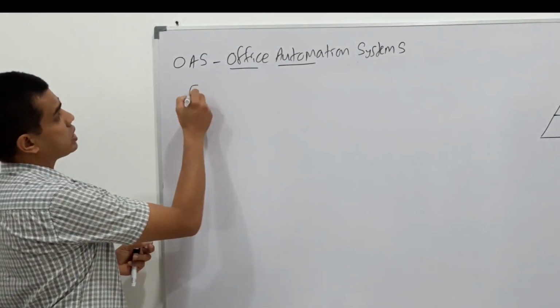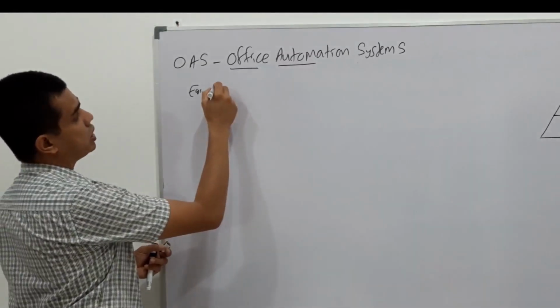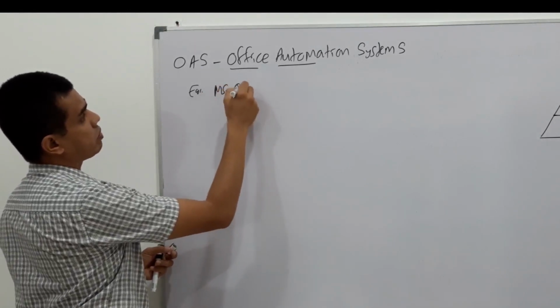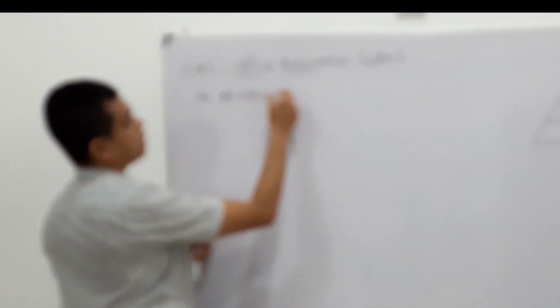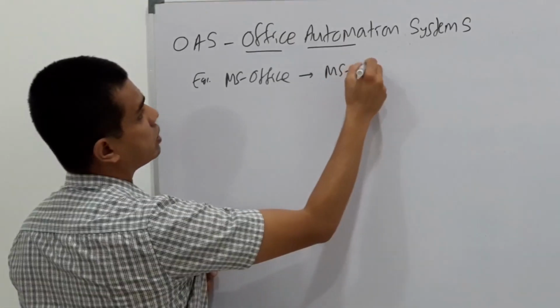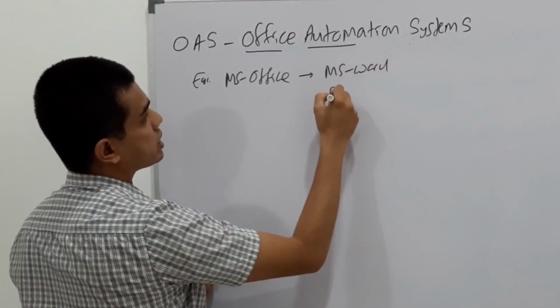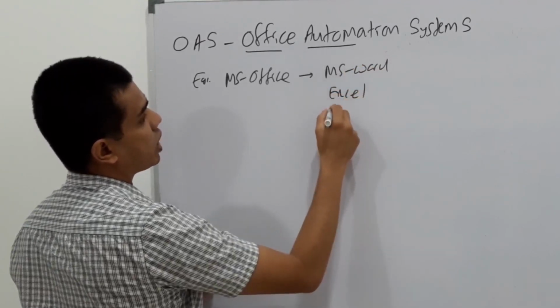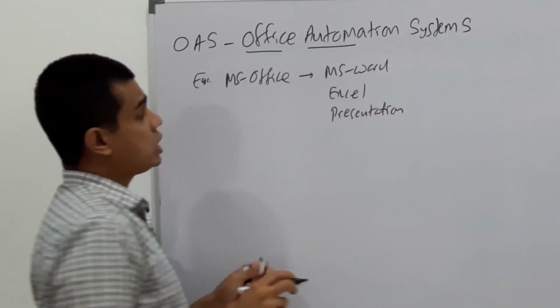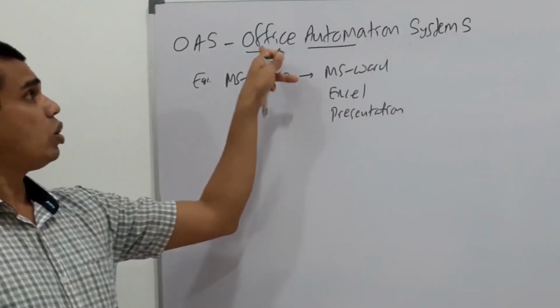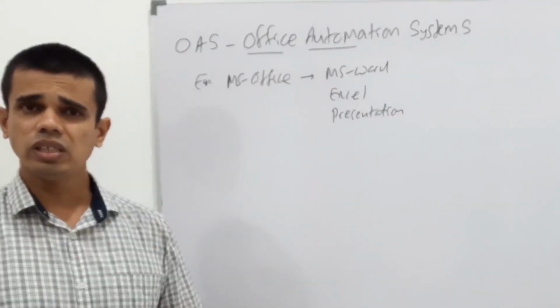Mainly we go for examples such as the MS Office package. We know about it well. Microsoft Office, that's an example. In that we have MS Word, even Excel. Sometimes we have presentation software. These software fall under the office automation systems. Why?